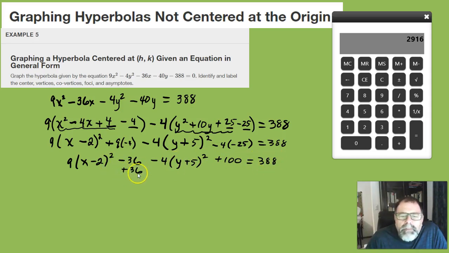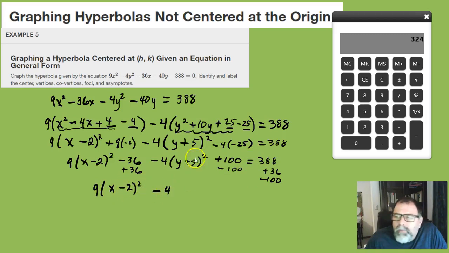So add 36, subtract 100. So let's see here. If I do 388 minus 100 plus 36, I know I didn't do it in the right order, but it doesn't matter. Okay, now I'm going to divide both sides by the 324.